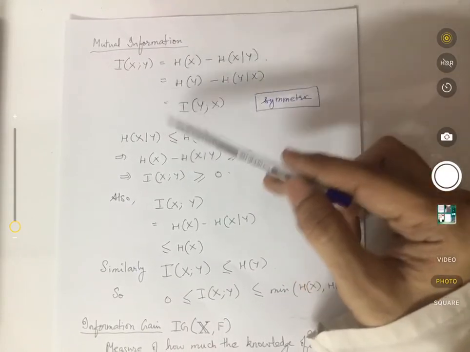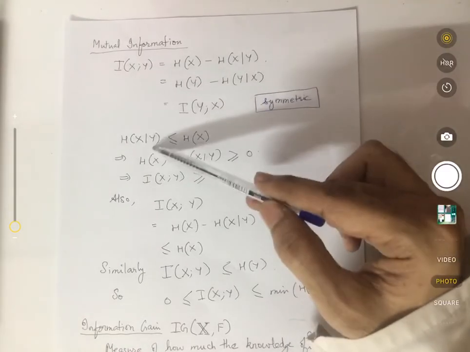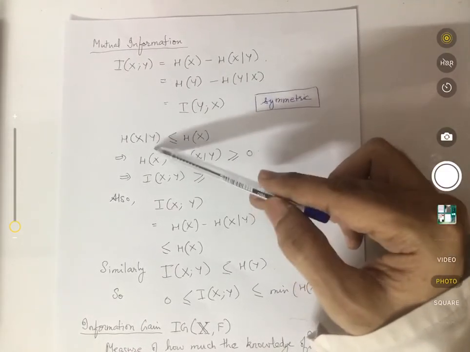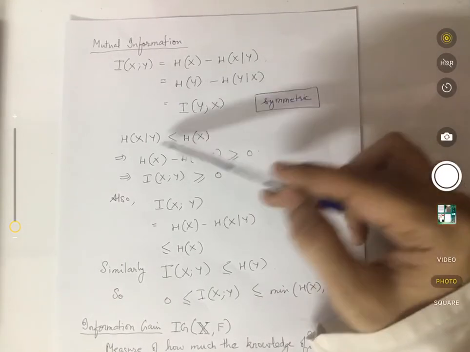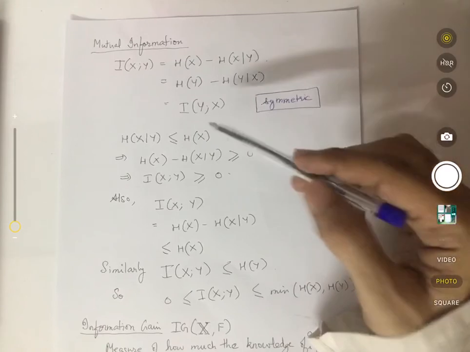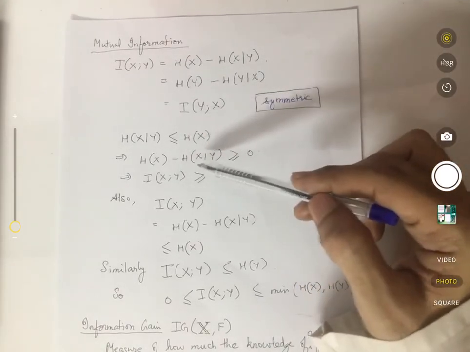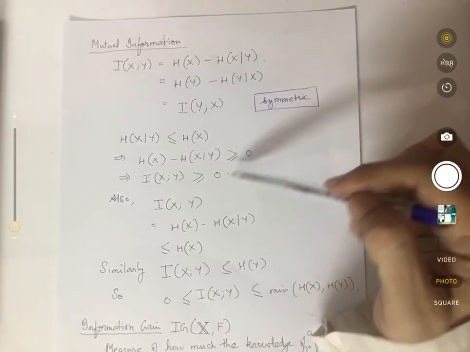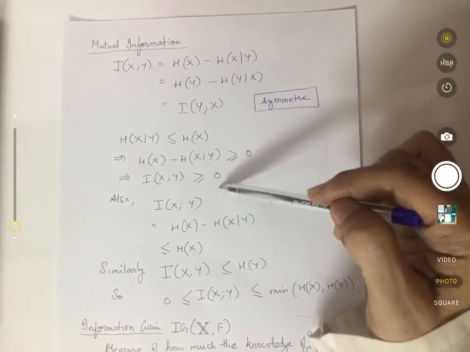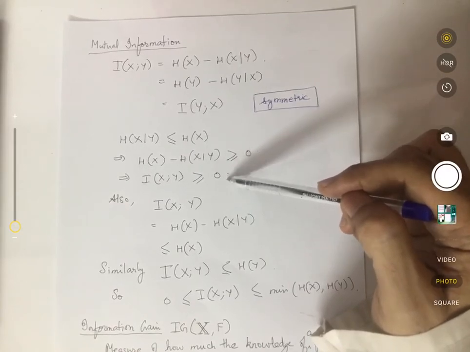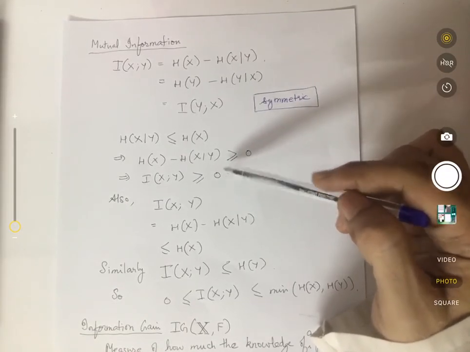In the worst case, they are not related at all, which means that h of x under y would be the same as h of x, but it would never be greater than h of x. Okay, and so simplifying, we get h of x minus h of x under y greater than or equal to 0, which means that I of xy is greater than or equal to 0. So this means that the mutual information is a positive quantity.